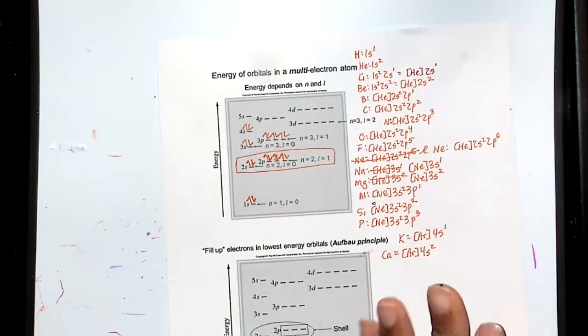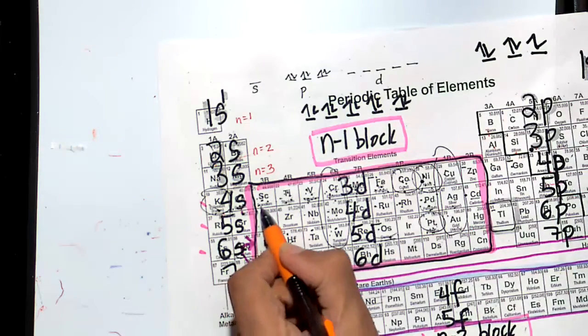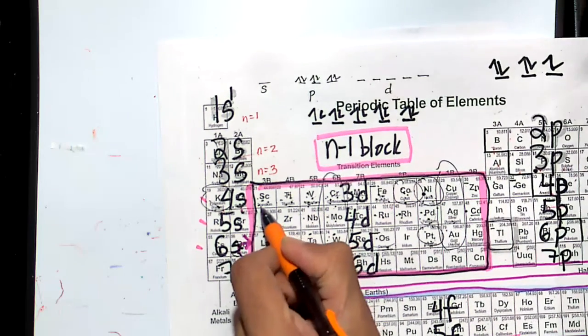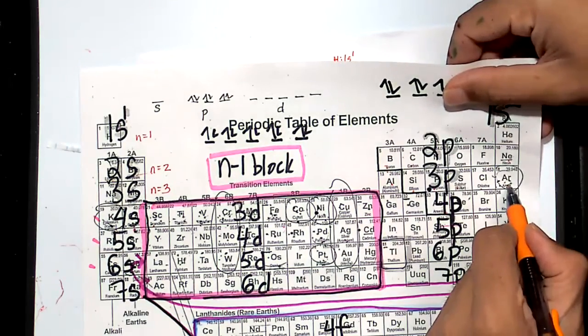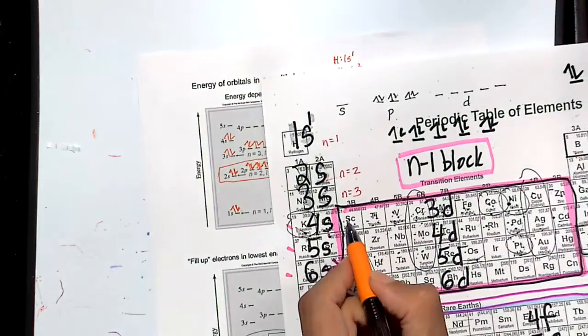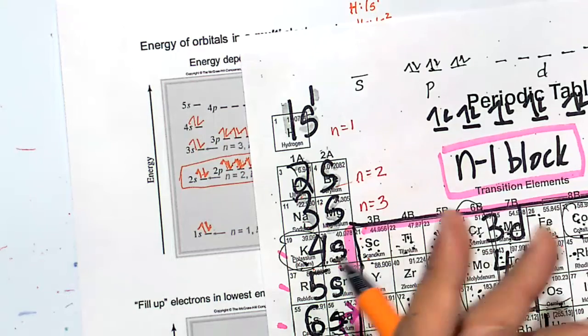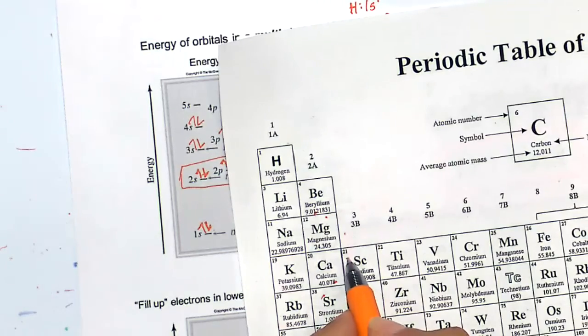All right, this is where I want to get you guys because it can be confusing. What's scandium? Scandium, Sc, has 21 electrons.